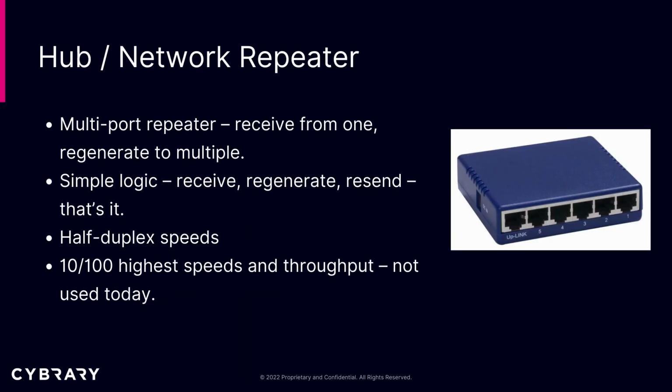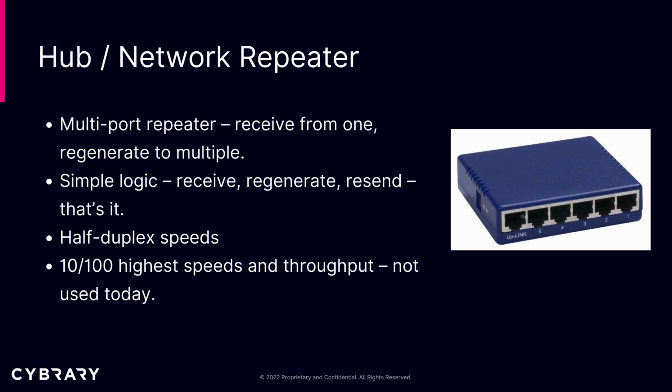Now, a hub, or what is called a network repeater, is generally not used nowadays. These were actually the prelude to switches. Hubs don't make decisions. They basically get information from one port and regenerate or repeat it out of all the ports.